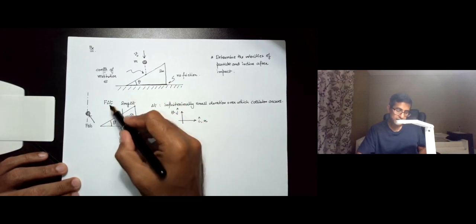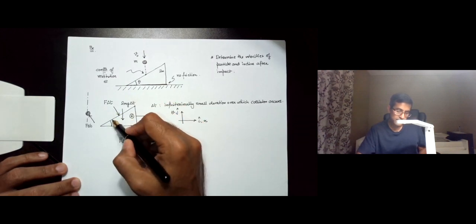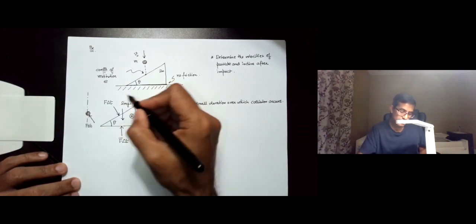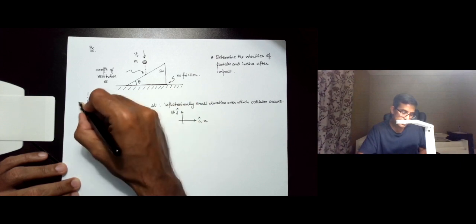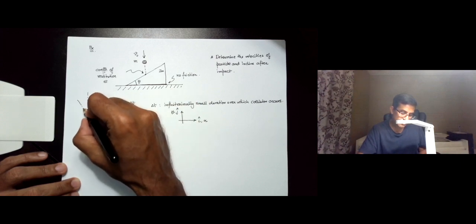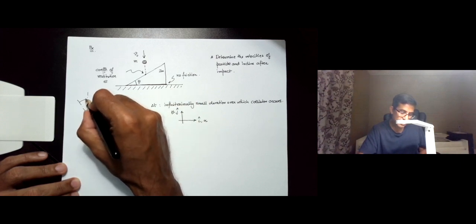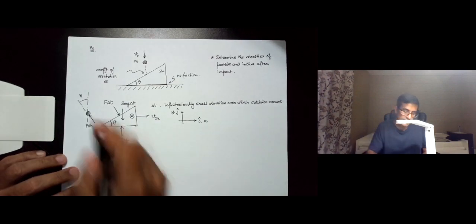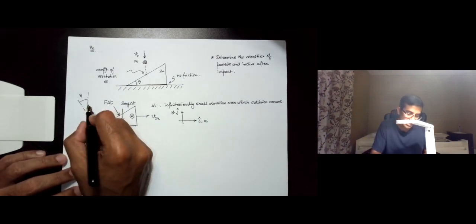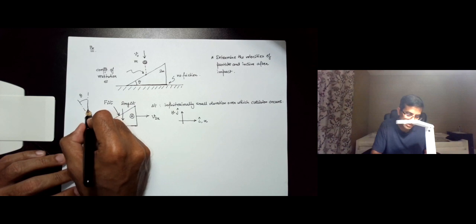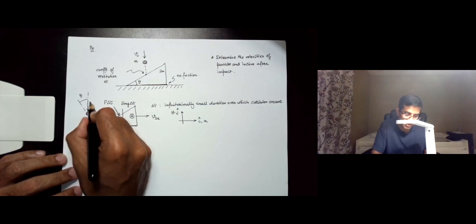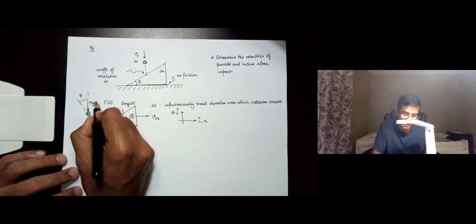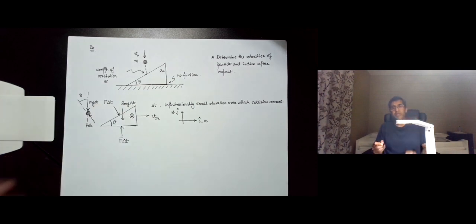This angle is also theta. And for the sake of completeness, we can also say that there is going to be an impulse due to the gravitational force during that small duration, and it's going to be directed downwards, right?